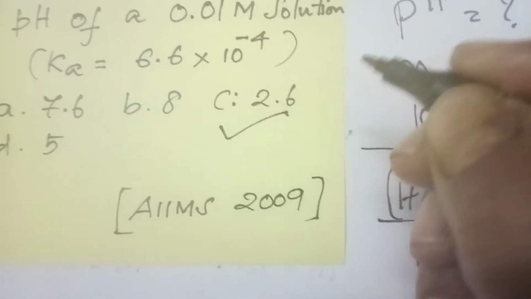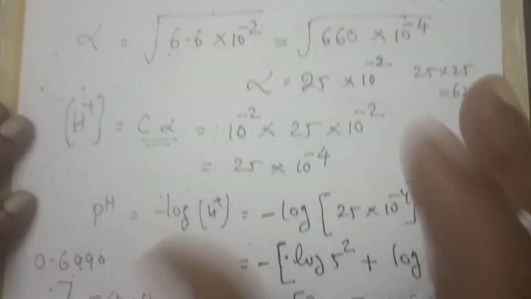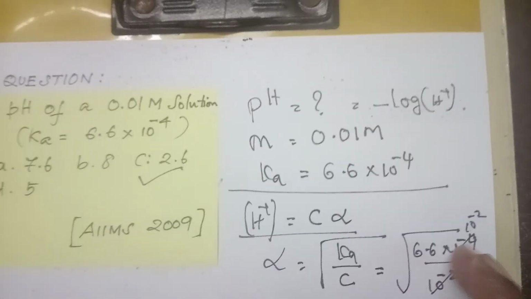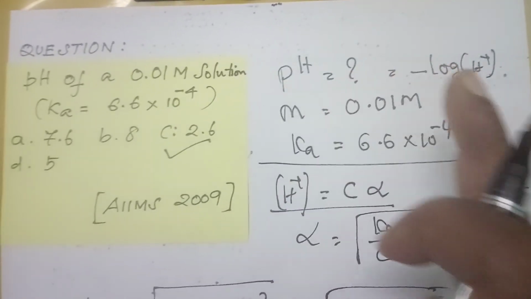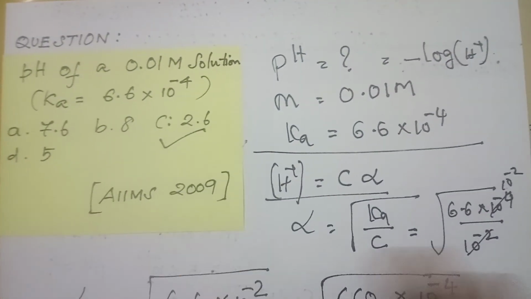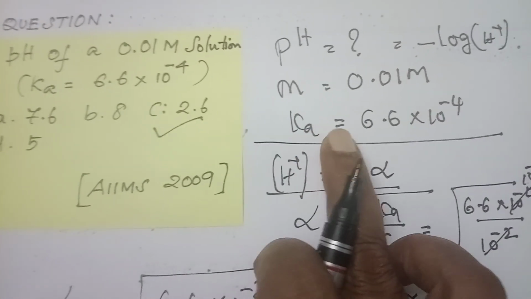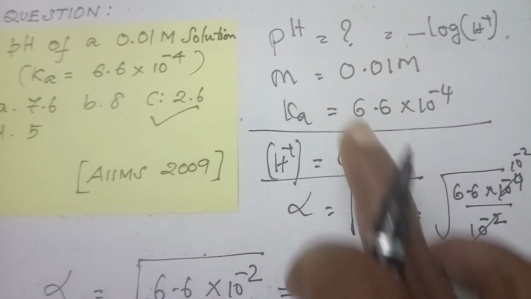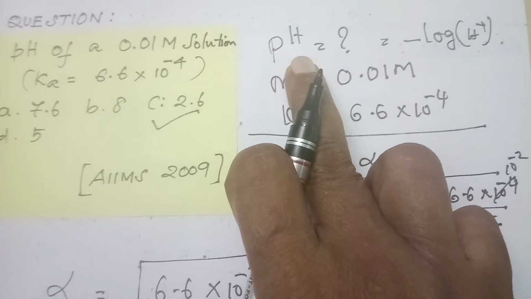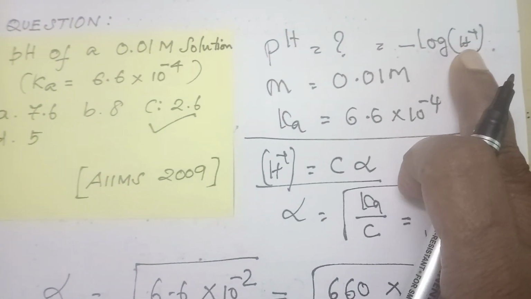Let us go and see the options, children. 2.6. Okay. So in this question, they are asking pH, the concentration is given, and no chemical is mentioned. So I am applying the weak electrolyte approach, since Ka is given. From the Ka, to find pH you need the hydrogen concentration.